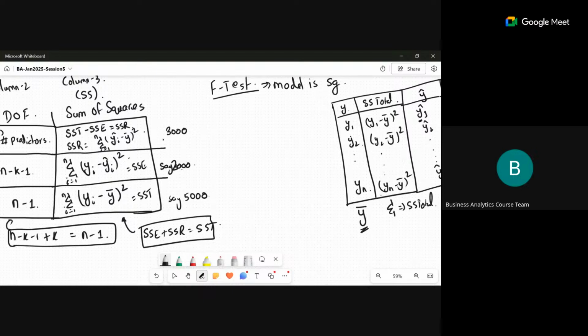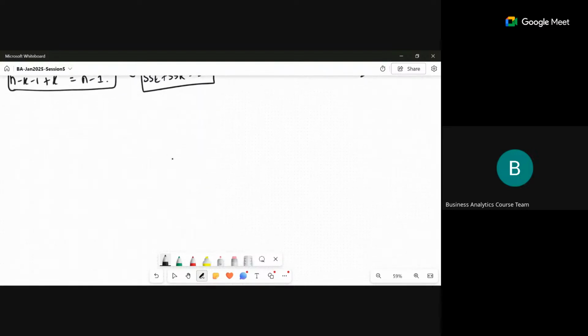So I would compute something known as the F statistic, which is nothing but the mean sum of squares of regressor by mean sum of squares of error.